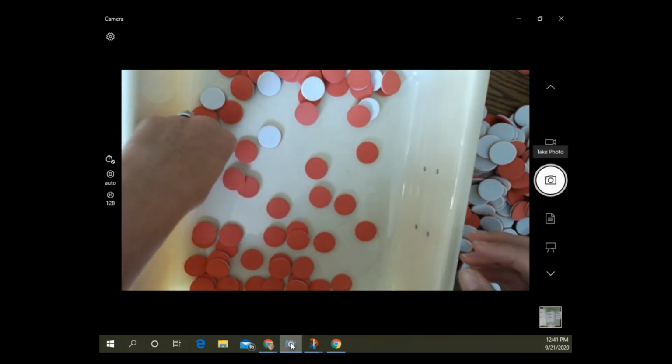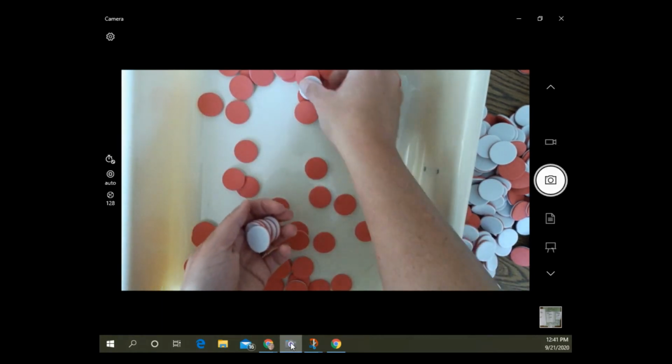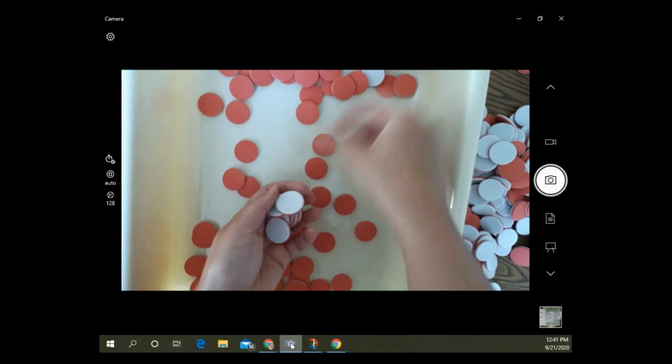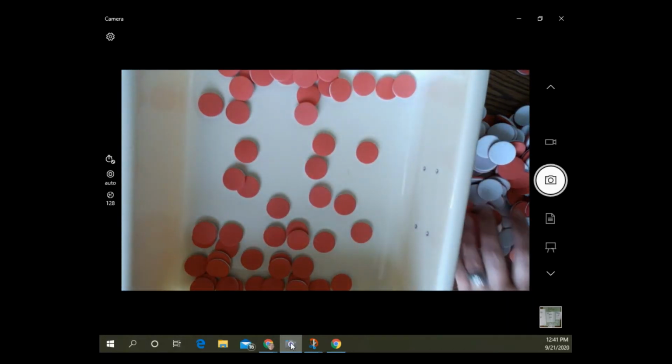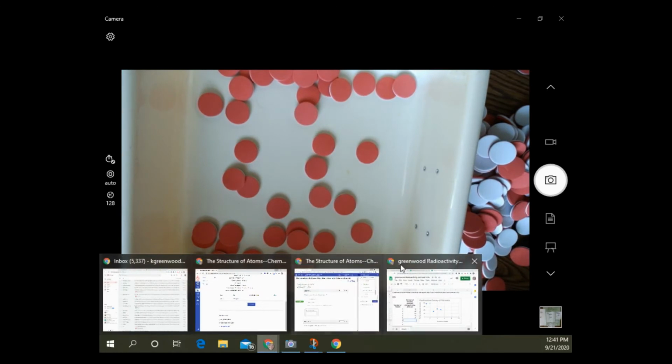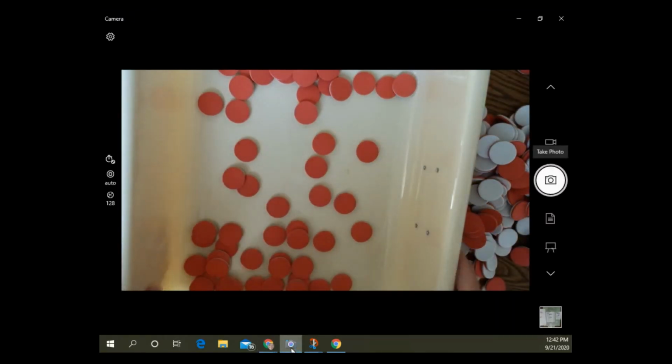Okay, 1, 2, 3, 4, 5, 6, 7, 8, 9 that time. Okay, we'll go back and try again until we get no more simulats.